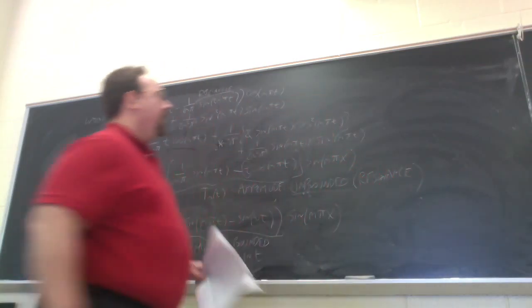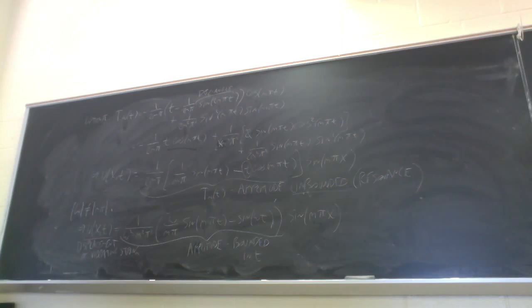What's happening is the frequency that your source term is causing vibration in as a function of t matches the frequency that it has as a function of x, because the source term has this sine m pi x factor in it. But the way the frequency is varying over time coincides with that.